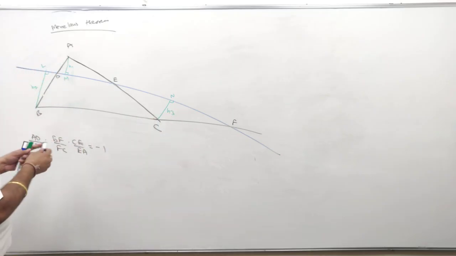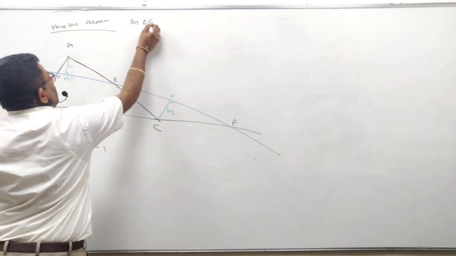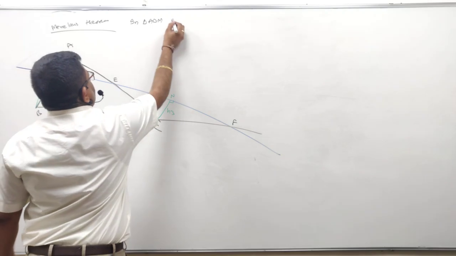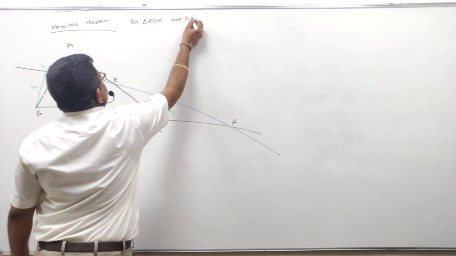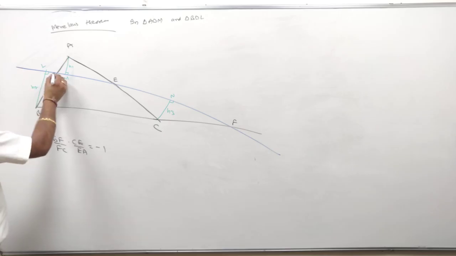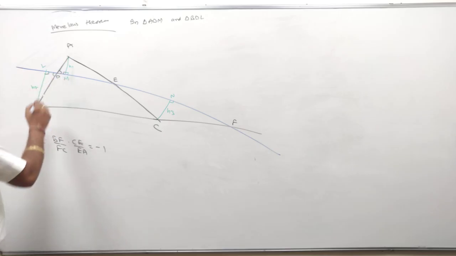So let us see. In triangle ADM and triangle BDL, this is 90, this is 90.